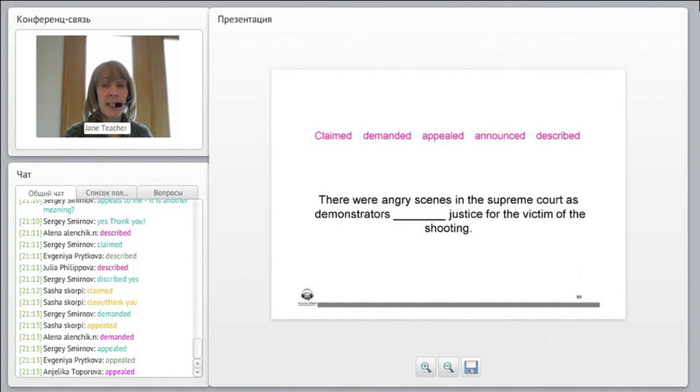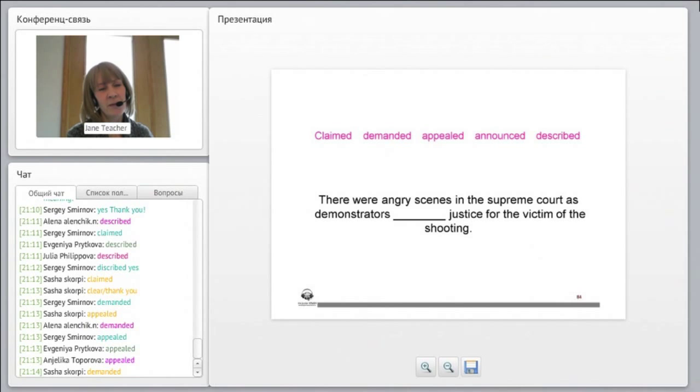There were angry scenes in the Supreme Court as demonstrators justice for the victim of the shooting. So what do you think about this one? Okay. Got a couple demanded.